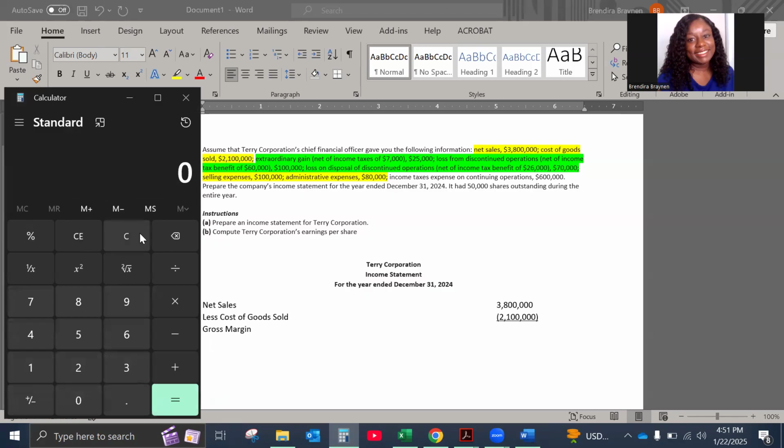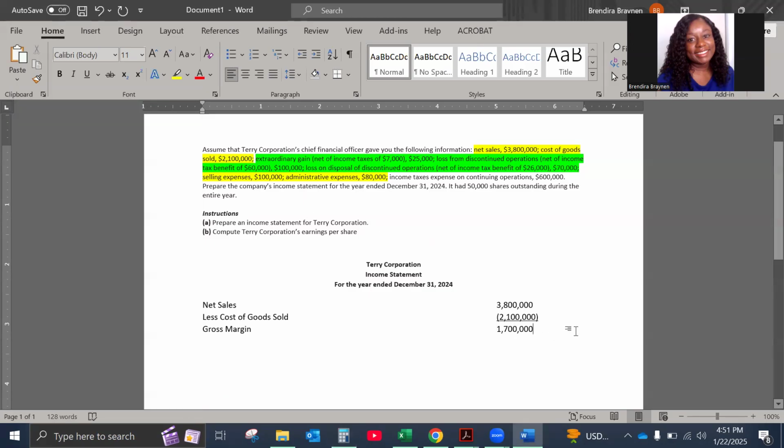So 3.8 million minus 2.1 million means that we have a gross margin of 1.7 million.